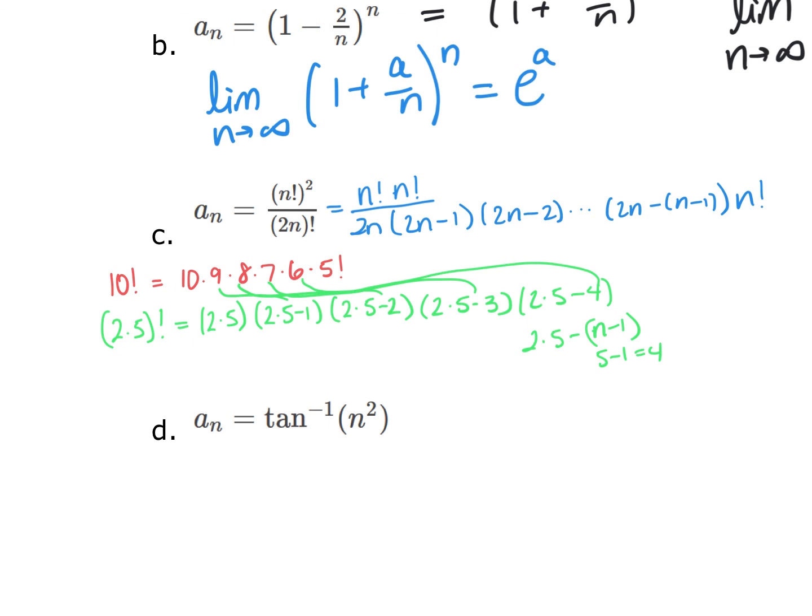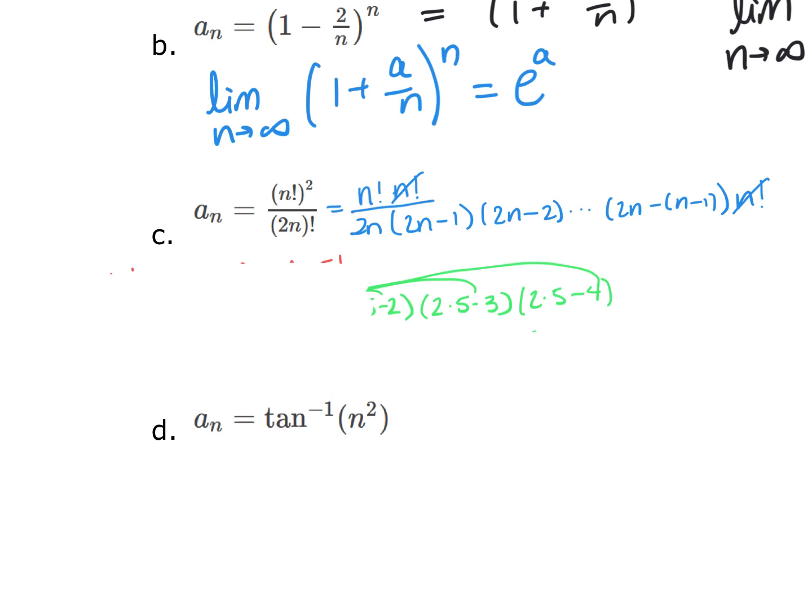So that's where I get this term. And then, of course, the n factorial. The reason I stopped at this point is because I want to have my n factorials cancel. So that's where it's coming from.